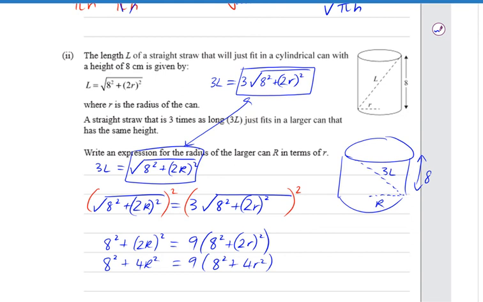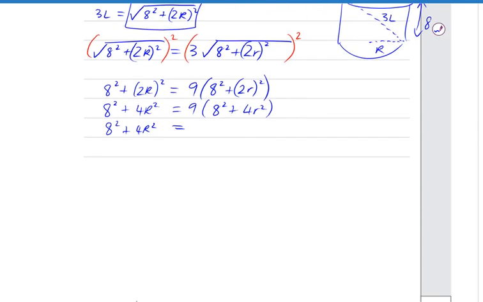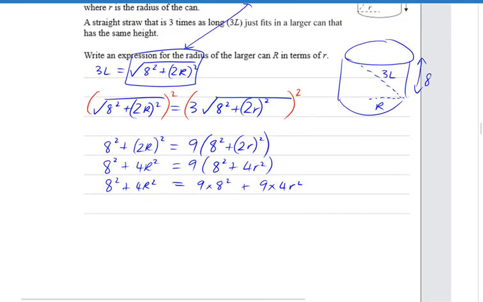And now we will expand the other brackets. So we've got 8 squared plus 4 capital R squared equals 9 times 8 squared plus 9 times 4r squared. So I'm just expanding my brackets there. Now the question wants us to write an expression for capital R, so we want to get capital R by itself.